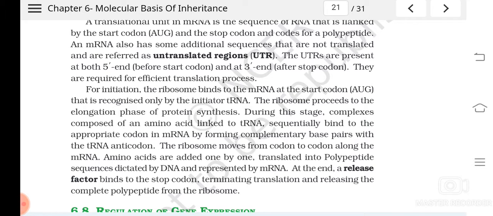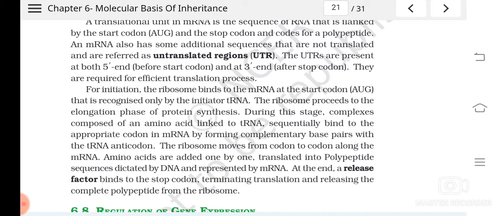In the ribosomes, in the cytoplasm. So mRNA, which is formed in the nucleus as hnRNA, will get processed and leave the nucleus, and it will get attached to the smaller subunit of ribosomes. And then what happens?